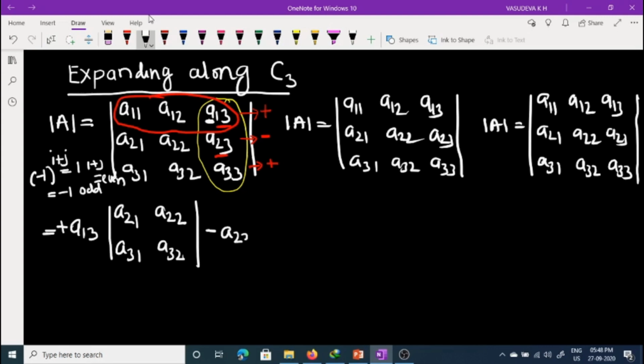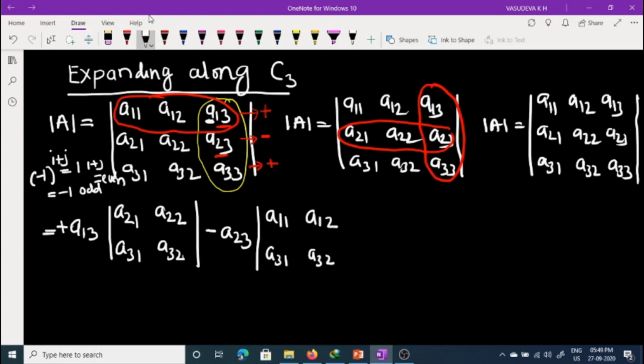Minus a23 into determinant of... now a23 lies in the second row and the third column. So leaving those elements, the remaining elements are a11, a12, a31, a32.